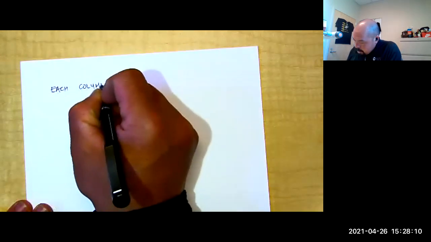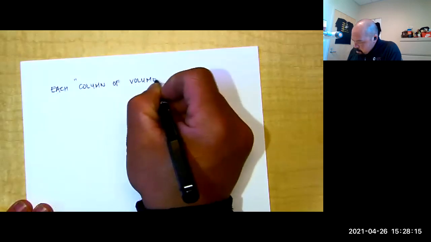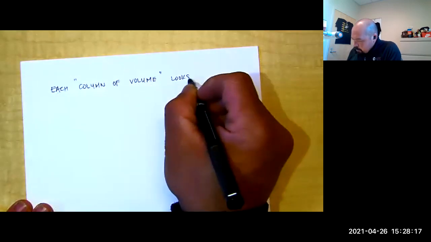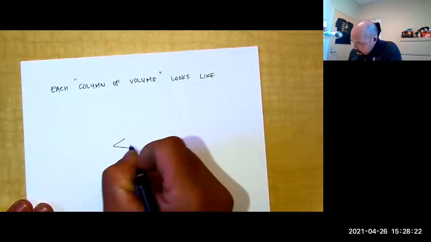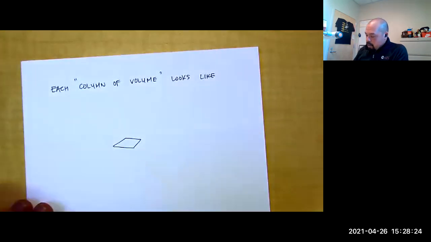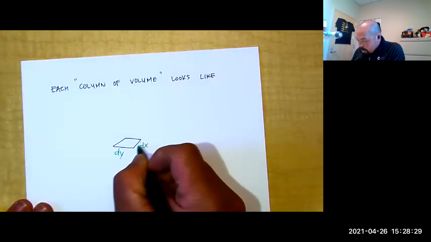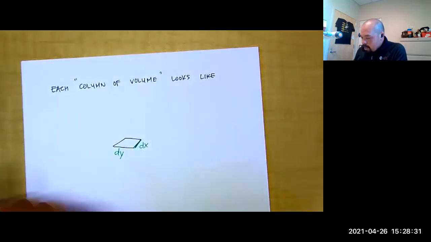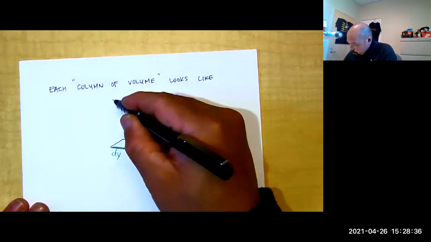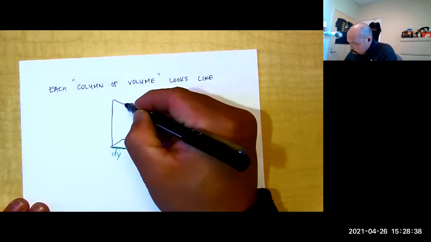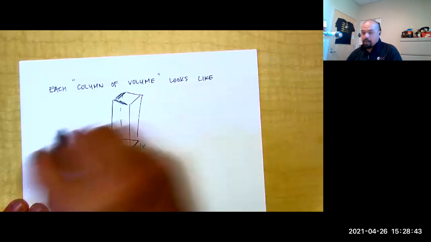Okay, so in that aspect though, each column of volume looks like the following, where we have that rectangular base, where we have a little width dx, length dy, and then that height given like so.